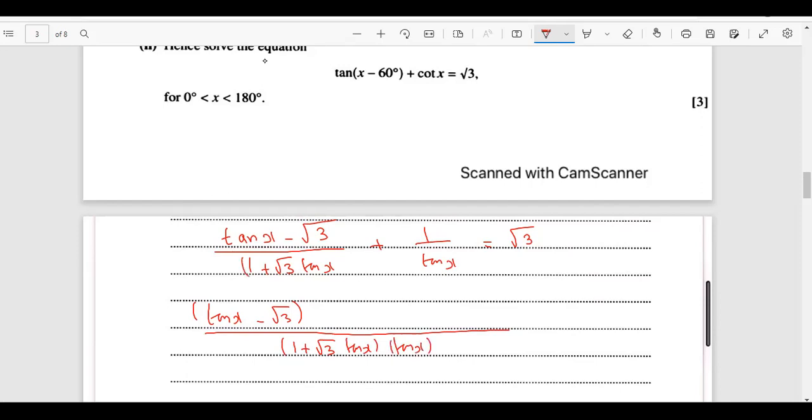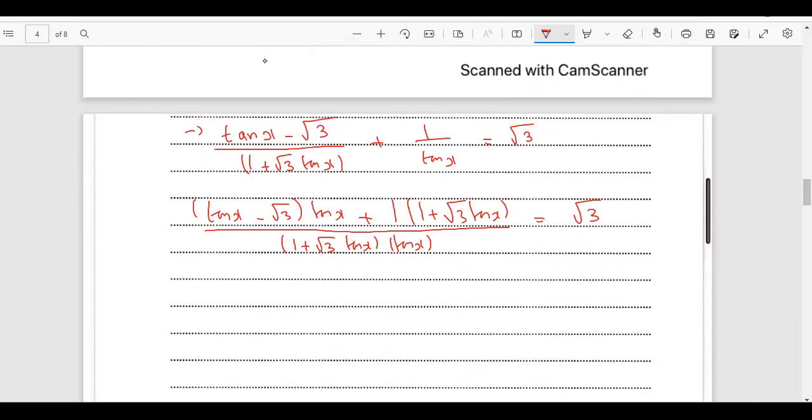I do not have tan x here, so I'll be multiplying it over here. So this is tan x plus 1 into 1 plus root 3 tan x. You understand this? Yes. I think you just made some mistake while simplifying this.